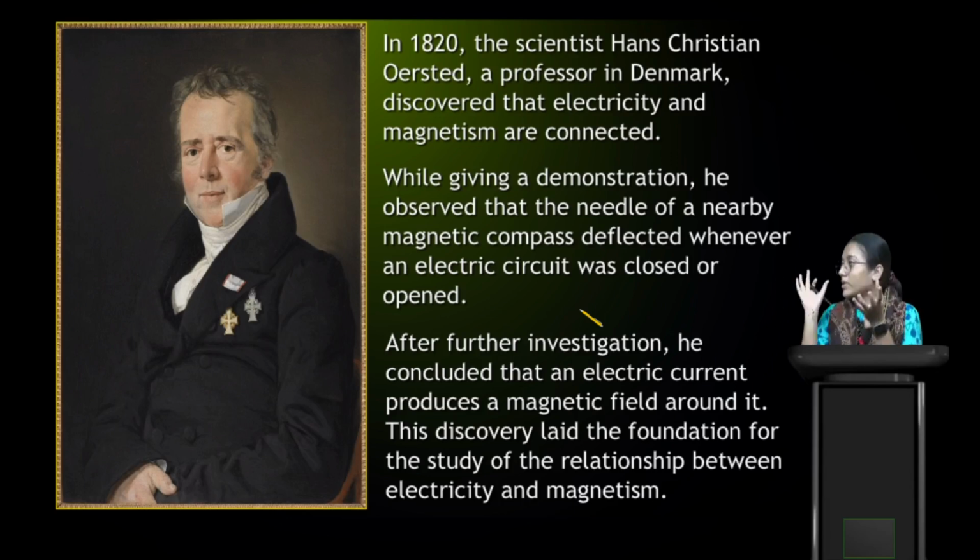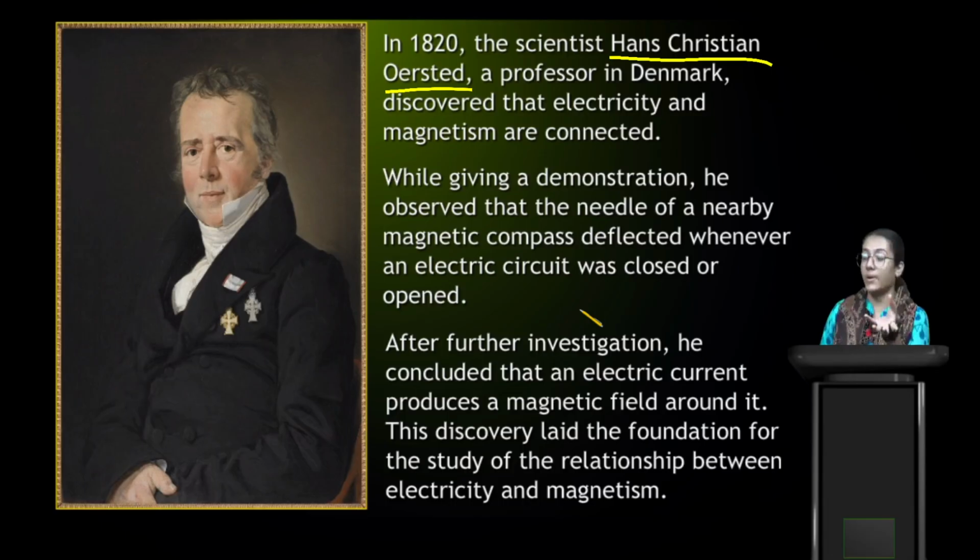See, whenever there is a current flowing through the wire, around it there is a magnetic effect which is created. So he was the first one, Hans Christian Ørsted. What was his name? Hans Christian Ørsted. He was the first one to tell us about the relationship between electricity and magnetism.